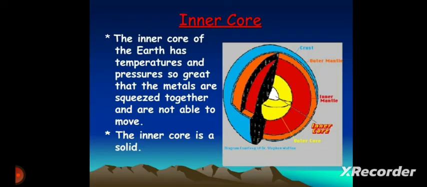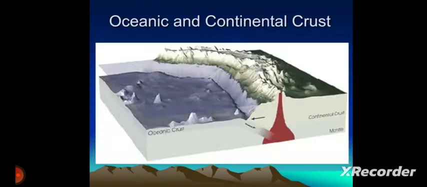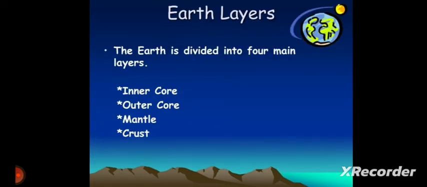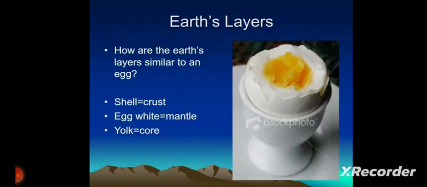Okay students. Now students, as you can see on our second slide, there is a question here. How are the earth's layers similar to an egg? So students, as you can see, earth has several layers, right?